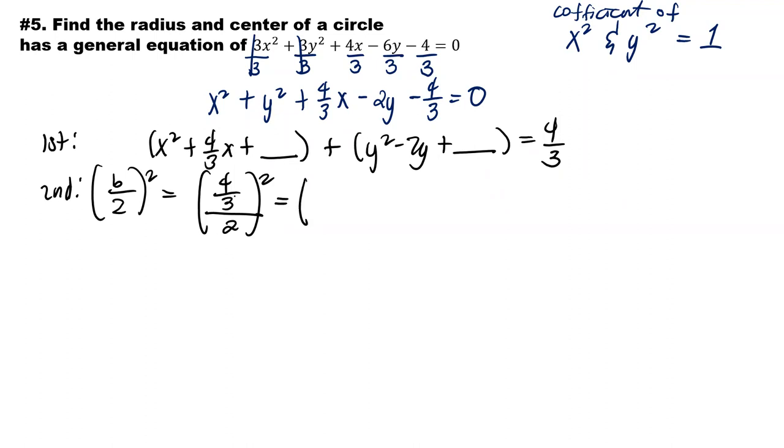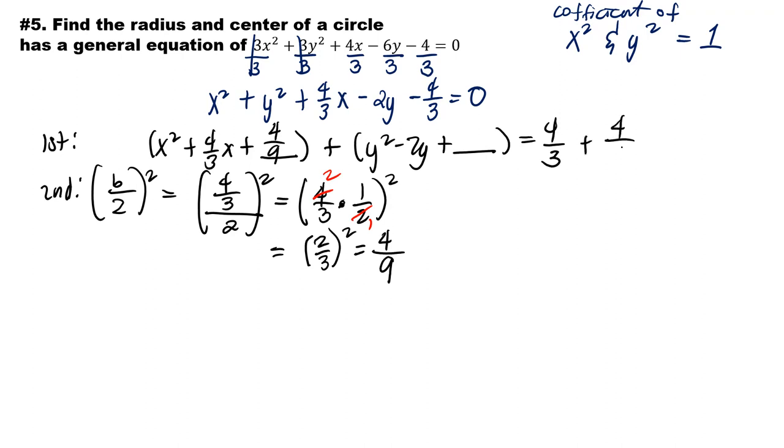To divide this value, we take the reciprocal. 4/3 times 1/2 squared. And you can see, we can reduce the 2 and 4. So the 2 remains, and this becomes 1. So our value now will be 2/3 squared. So 2/3 squared is equal to 4/9. So we will add 4/9 here, plus 4/9 here also on the right side.